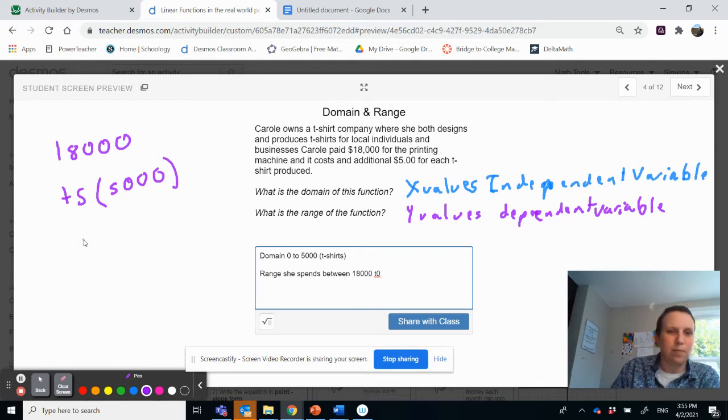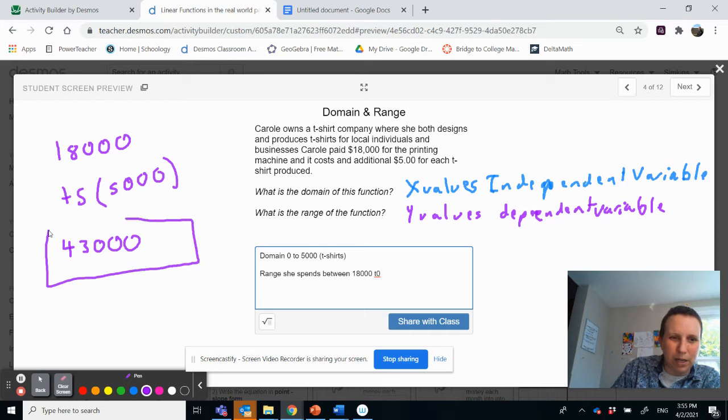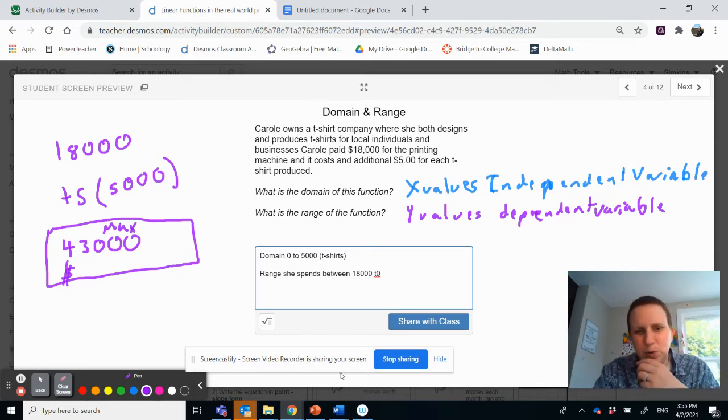I'm going to crunch those numbers here. 18,000 plus 25,000 is 43,000. I think I got that right. So this is the max money. So that means my range is she spends between $18,000 to $43,000.